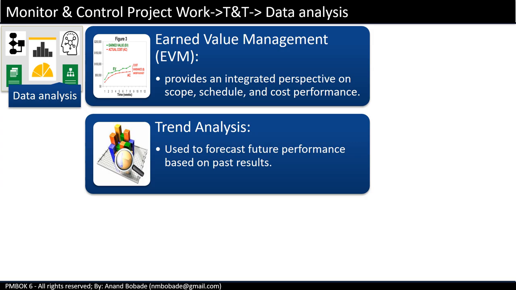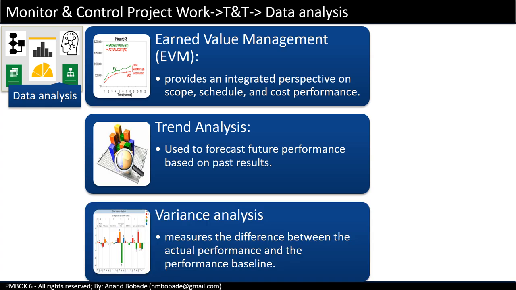For example, look ahead in the project for expected slippage and recommend what kind of preventive actions the project manager will recommend. Variance analysis helps the project manager to measure the difference between actual performance and the performance baseline. For example, variance in the duration estimate, cost estimate, resource utilization, etc.